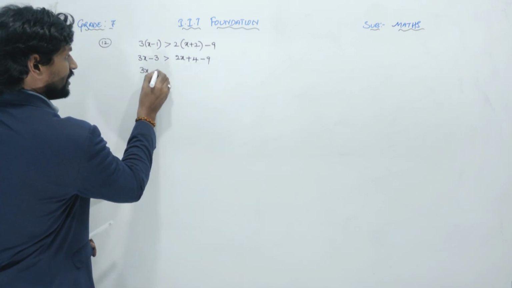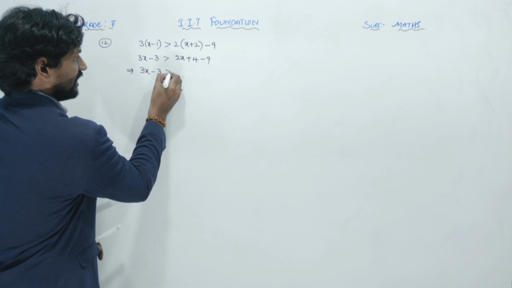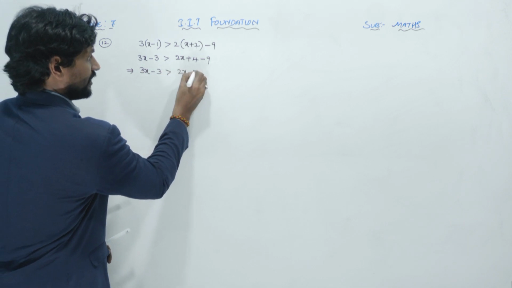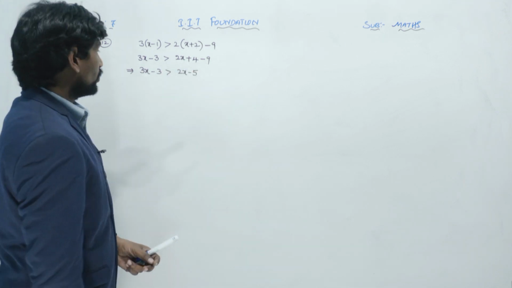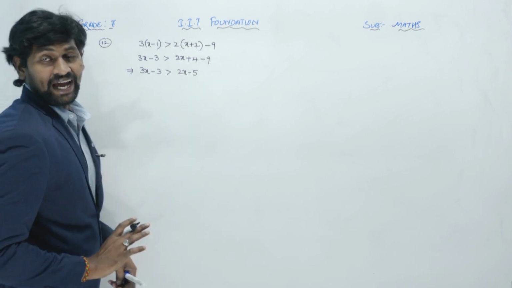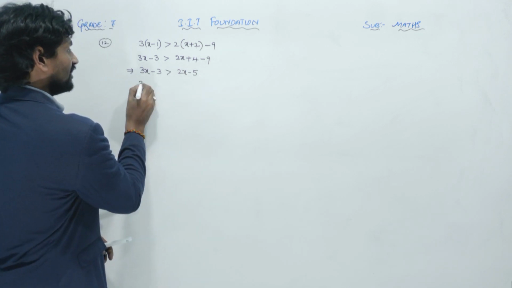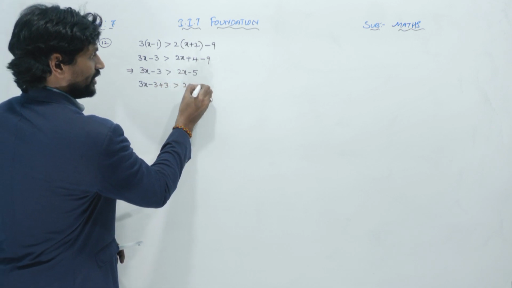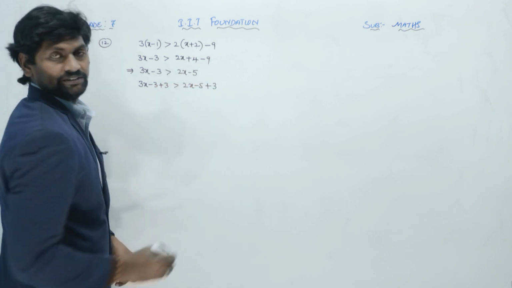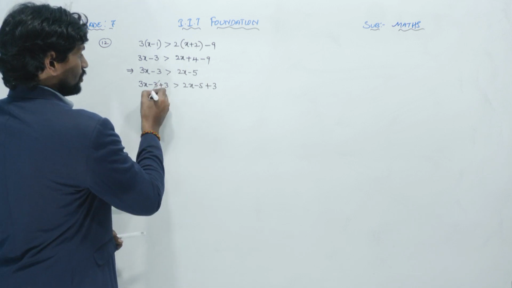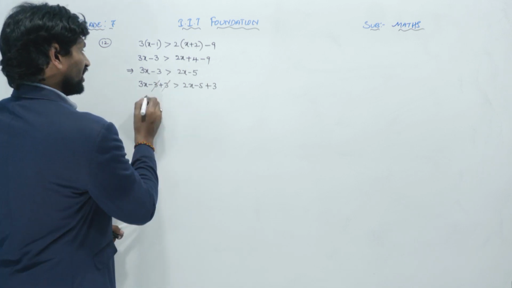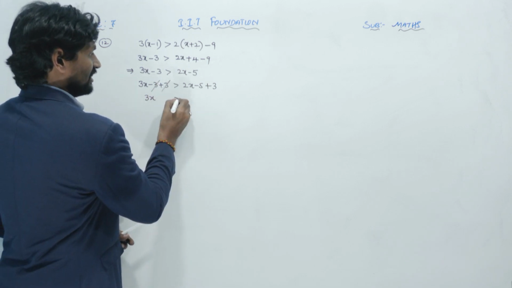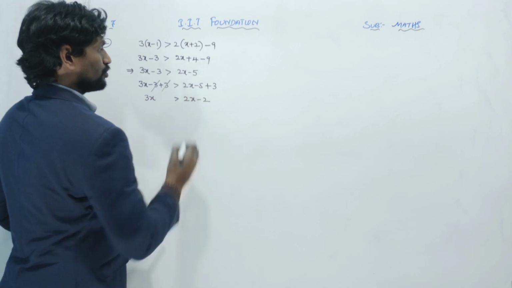So 3x minus 3 greater than 2x minus 5. To remove that minus 3, add 3 on both sides. So 3x minus 3 plus 3 greater than 2x minus 5 plus 3. Minus 3 plus 3 cancel. We get 3x greater than 2x minus 2.